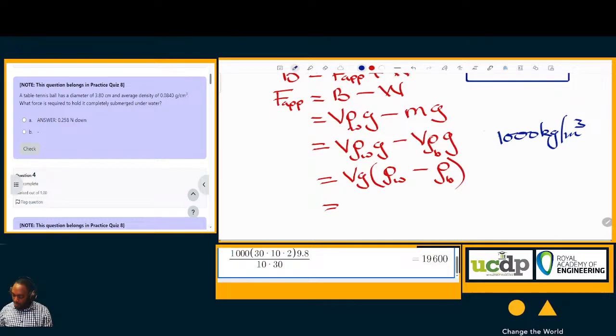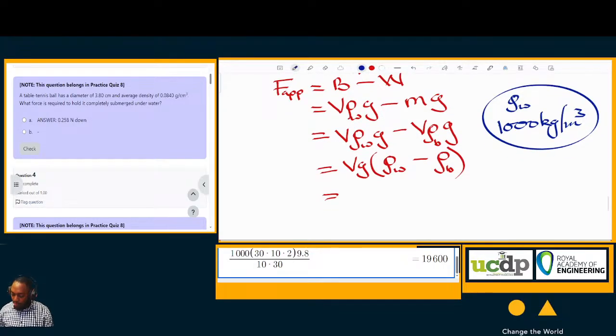And you are given the density of the ball in gram per cubic centimeter, so you would have to convert that. The volume of the ball we're not given, but you know the volume of a sphere is 4 over 3 pi r cubed, multiplied by G times the density of the water minus the density of the ball.